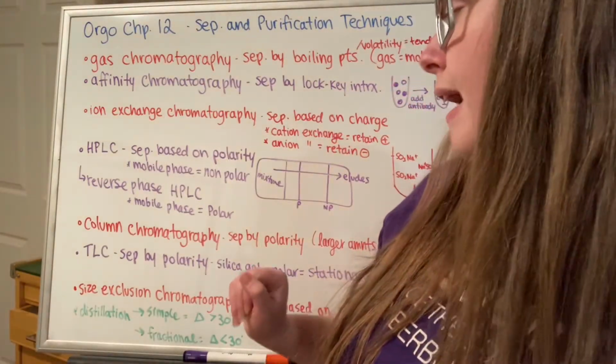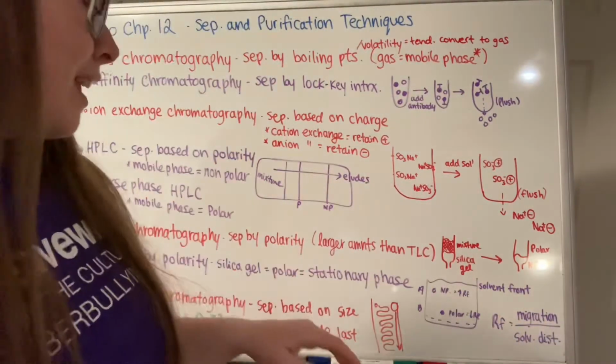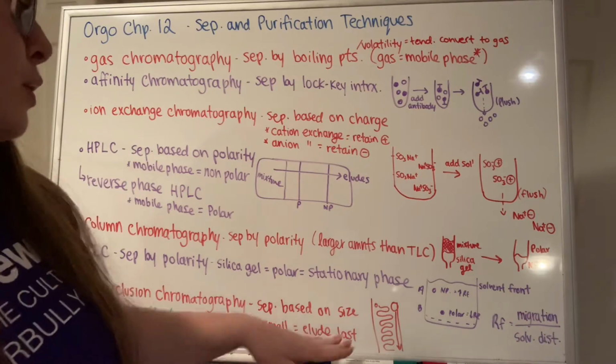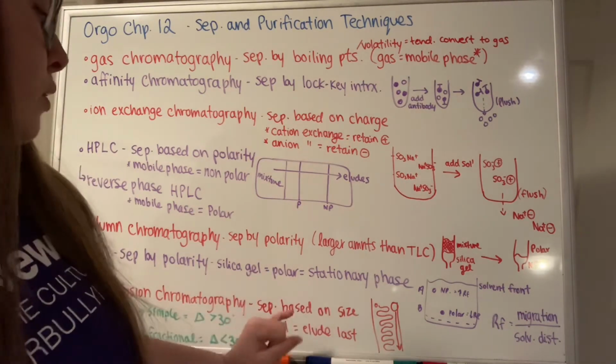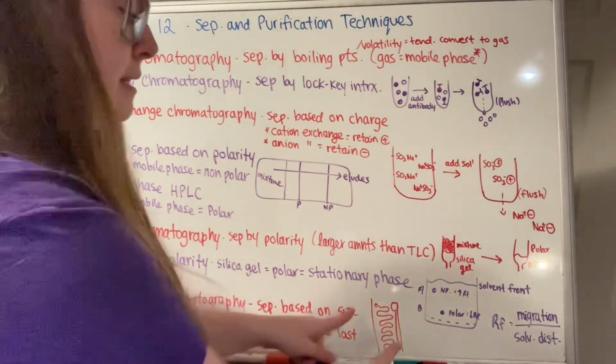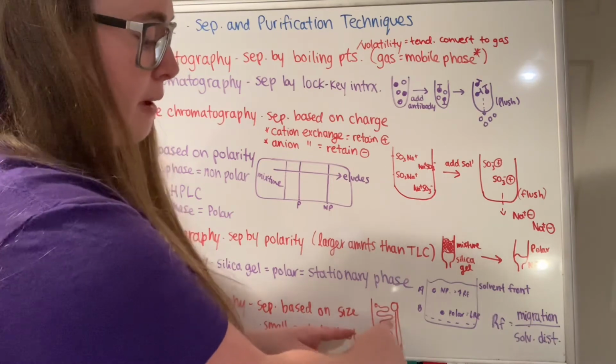Finally, we have our size exclusion chromatography. Sorry, my example's on this side. Size exclusion chromatography, down here, separates based on size, and the small molecules will elute last. In this column you would have a kind of pathway, if you think of it.